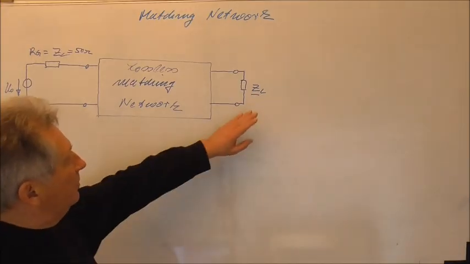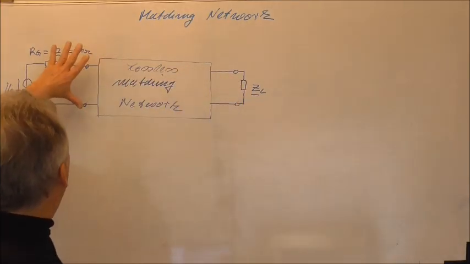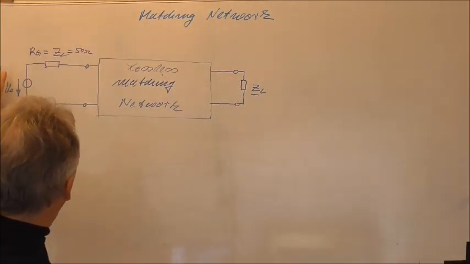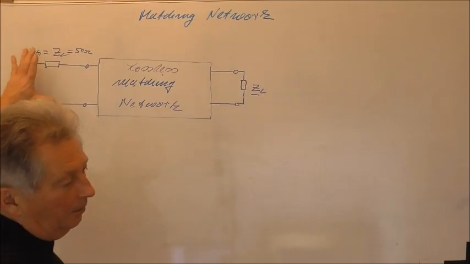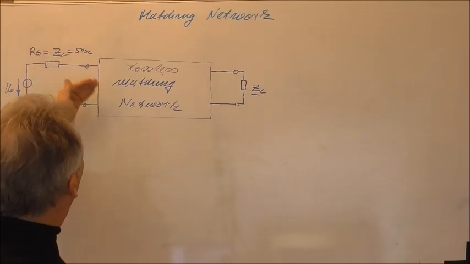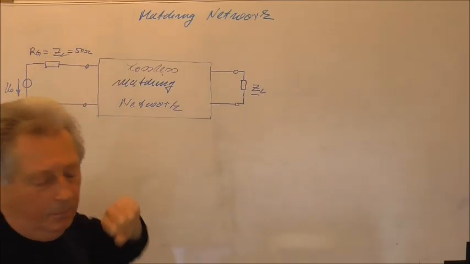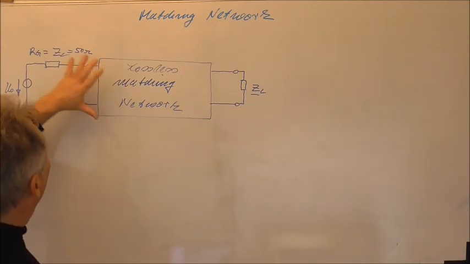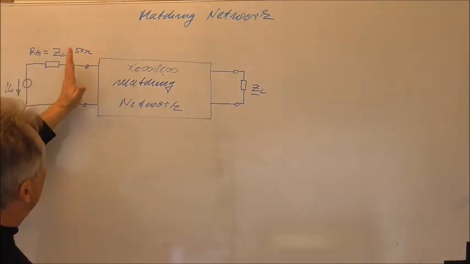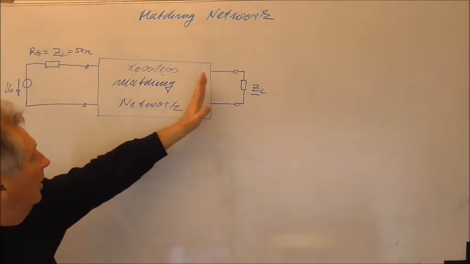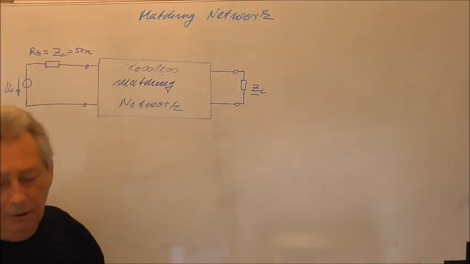Or if you have a receiving antenna, and you would have here, for example, the input stage of a receiving amplifier, then the receiving amplifier will also have a 50 ohm input impedance, and then you want to get the maximum out of the antenna.